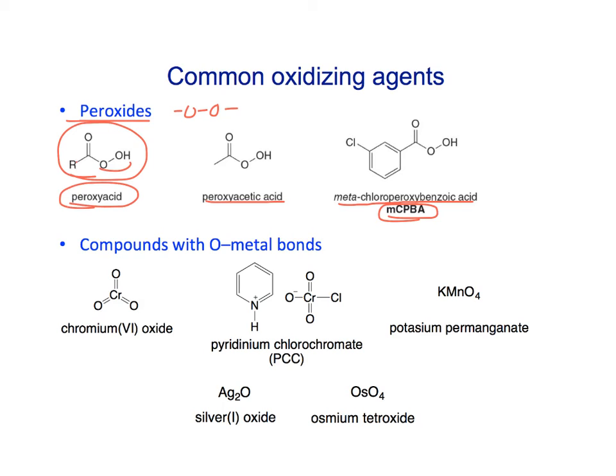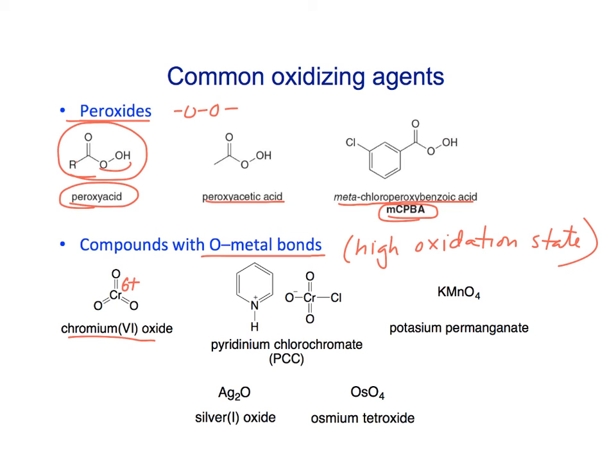The second type of oxidizing agent has to do with oxygens that are bound to metal, or metals bound to oxygen. And these metals tend to be high oxidation state metals. For example, chromium reagents are very common. Chromium in this case has a 6+ oxidation state.